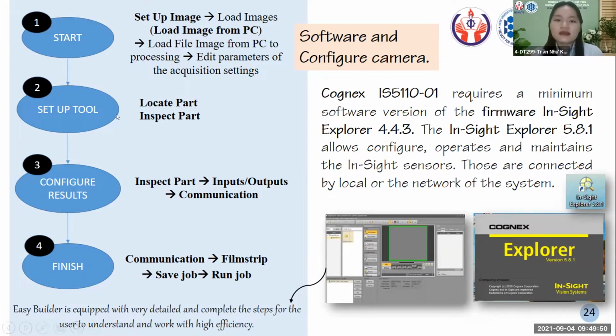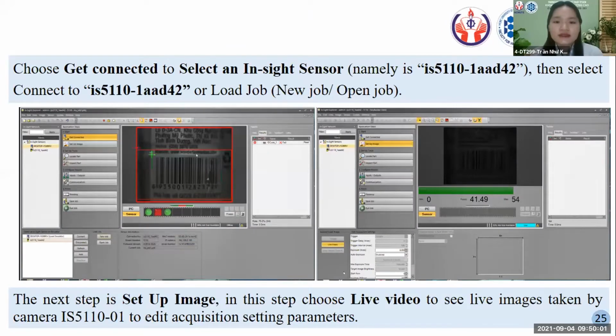Here are the configuration steps and how to use this firmware. This is the connection step of the camera and my machine system. After that, I set the parameters via the software.